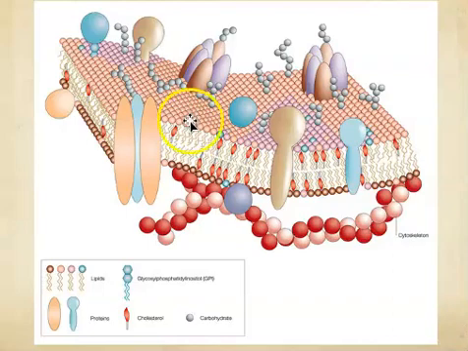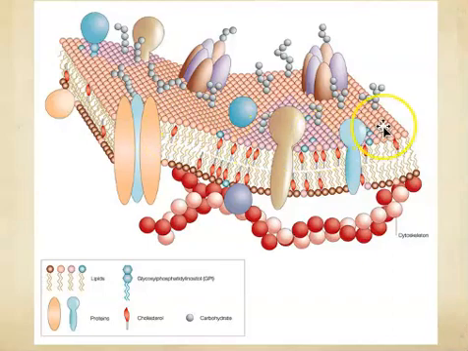So perhaps the rose-colored phospholipids, suppose those are phosphatidylserine, and maybe the purple ones are phosphatidylcholine. Maybe the brown ones are phosphatidylinositol. They're all phospholipids, they're just different varieties of phospholipids.